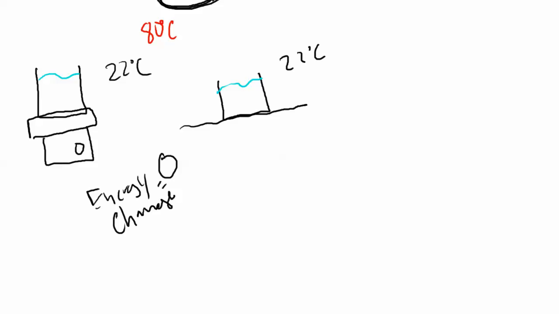So what does that mean about the amount of energy that went into the water from the hot plate that caused it to heat up from 22 degrees to 80 degrees Celsius, and the amount of energy that left the water, and most of it probably went into the air, but some of it might have gone into the table or into the beaker, that caused the water to drop back down to 22 degrees Celsius?